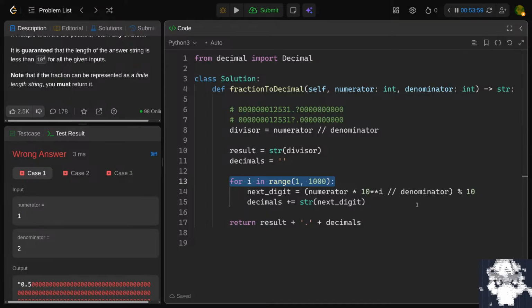I want to know if it's going to be 0 from now on. I want to know if it's going to start repeating 0, 1, 2, 0, 1, 2. So the way I'm thinking of doing that is, instead of calculating each digit completely separately, starting from numerator and denominator, if I could have some kind of state that keeps updating, and then once I get back to the same state I've already been to, I know I can stop.